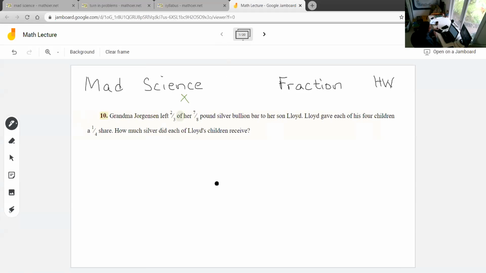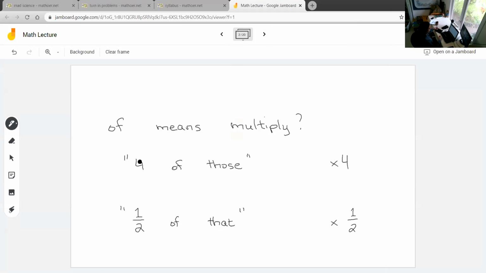So what this problem does on purpose is give you fractions, because this isn't so bad with no fractions. If I say you have 30 cents every day and 4 of those days go by, how much money do you have? You would do 4 times 30 cents and not have any trouble with it.